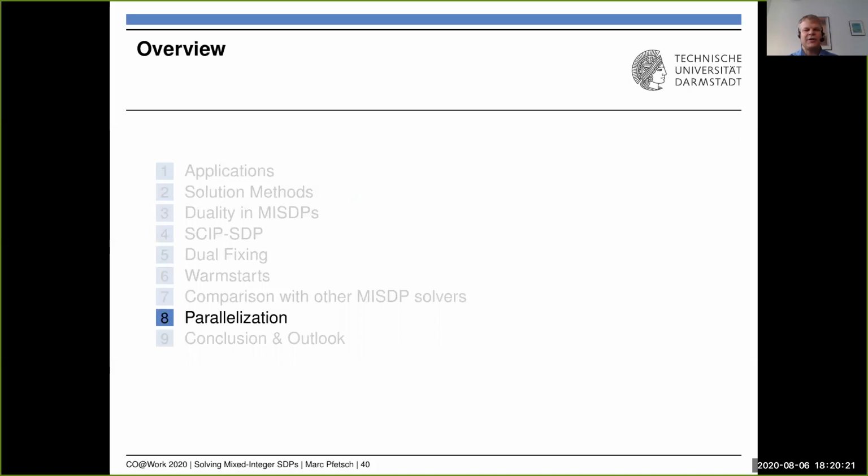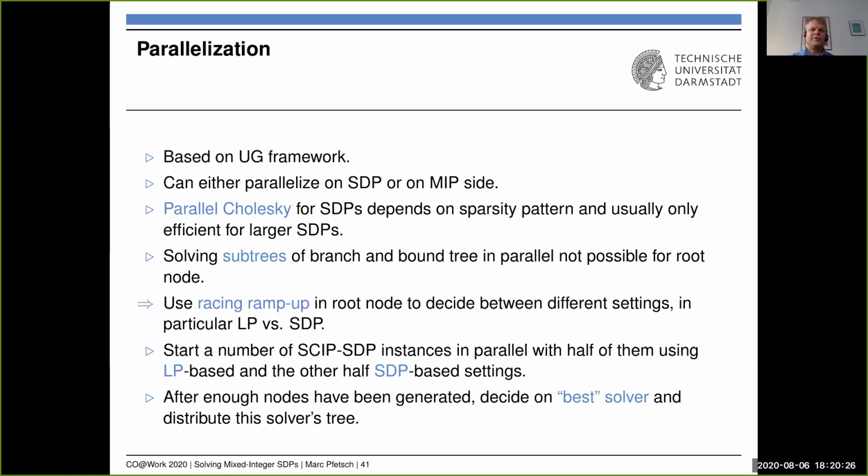Finally, just a very quick comment on parallelization. There's a parallelization that is available. It's based on the UG framework. One can either parallelize the SDP solving within the nodes, or one can do it on the MIP side, parallelizing the nodes.